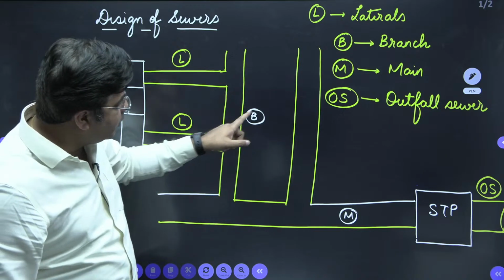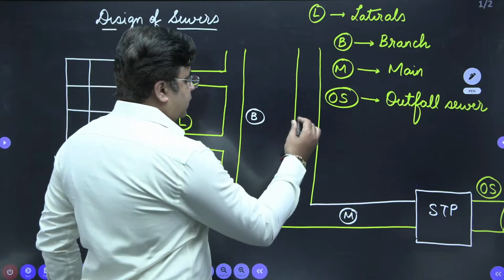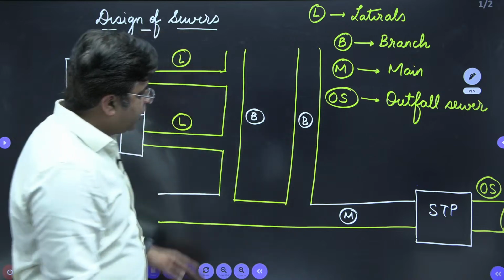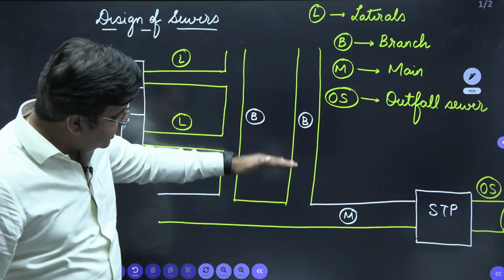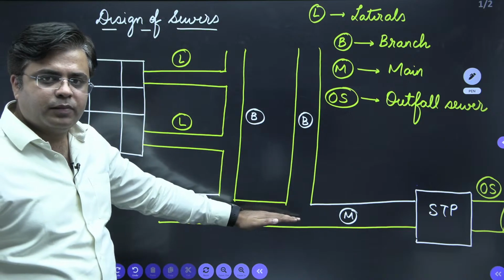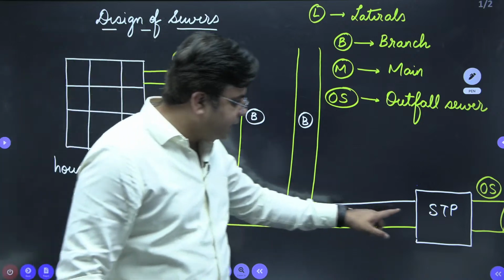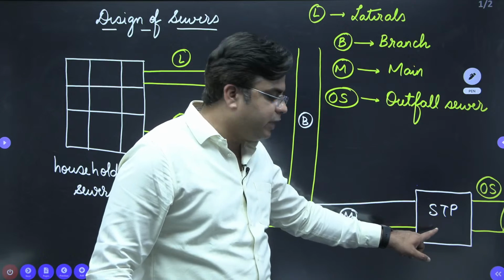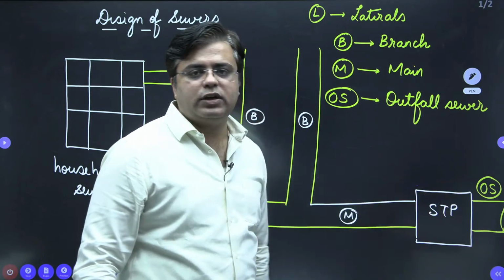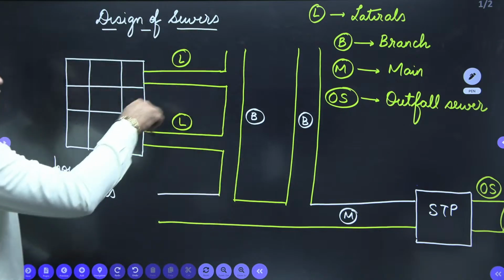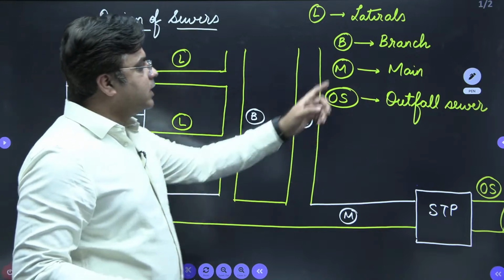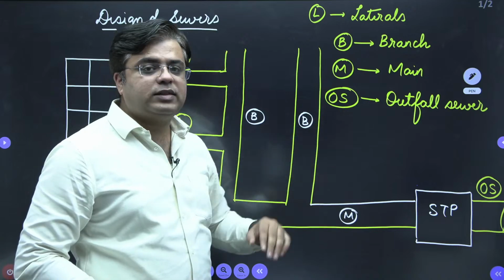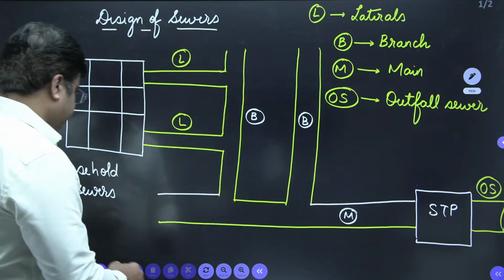Then n number of branch sewers like this take the water into the main sewer. And the main sewer takes this wastewater to the sewage treatment plant, from where this treated sewage is disposed of using the outfall sewer. So if I talk about the size of the sewer, laterals are the sewers of least dimension and outfall sewers are the sewers of largest dimension.